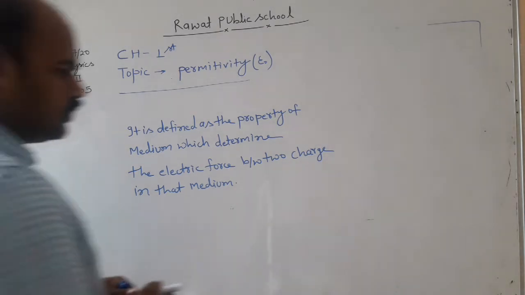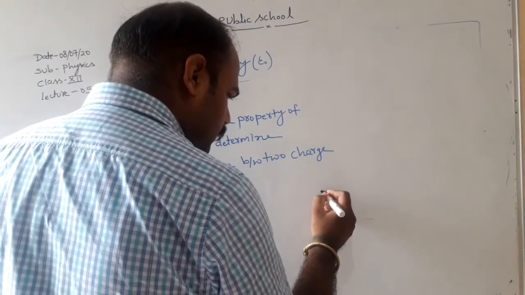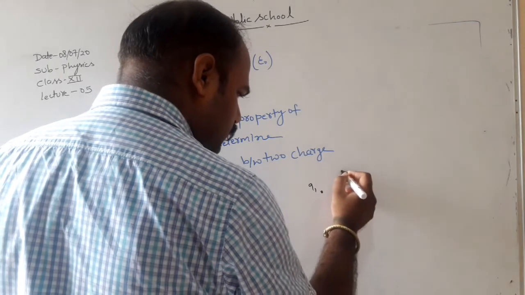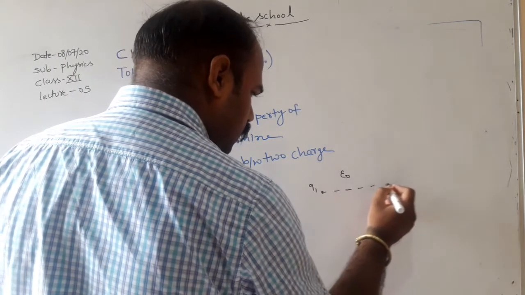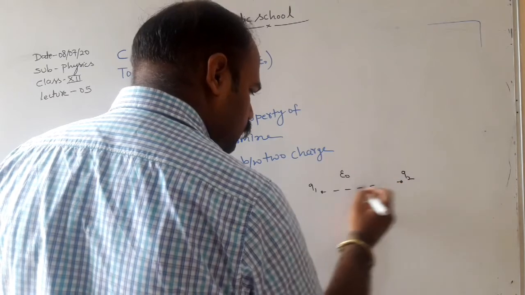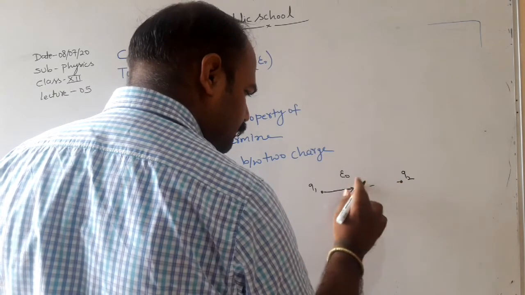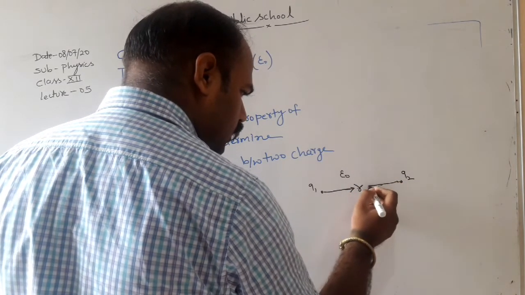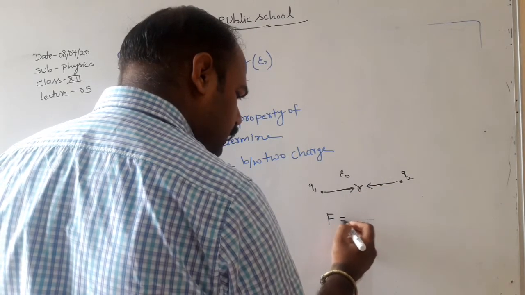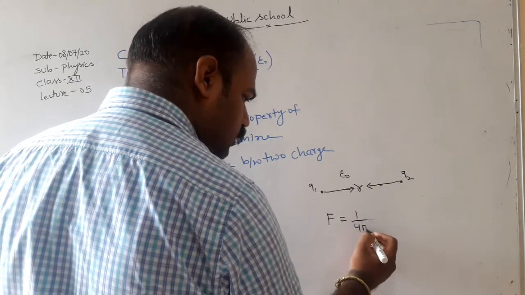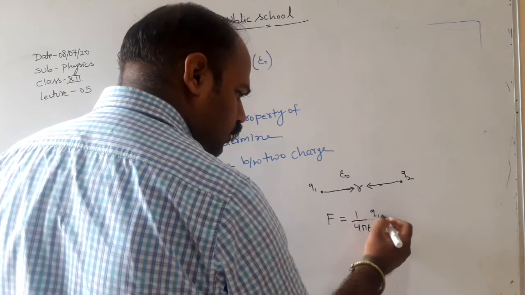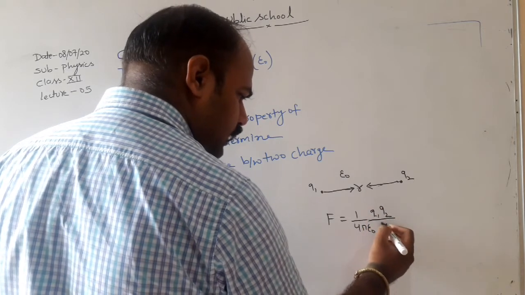It means suppose in that medium, this is charge Q1, this is vacuum, and this is charge Q2. Separation is R. So what is the formula of force? 1 by 4 pi epsilon naught, Q1 Q2 by R square.